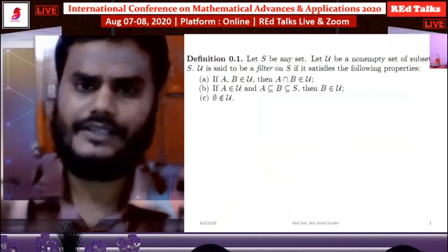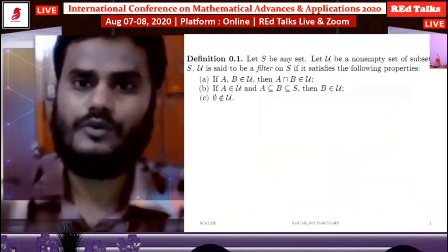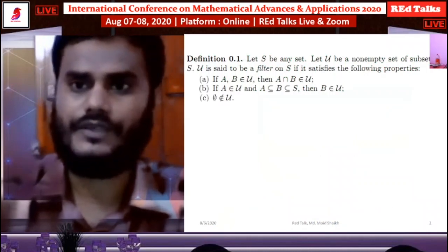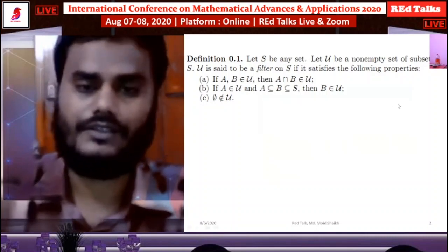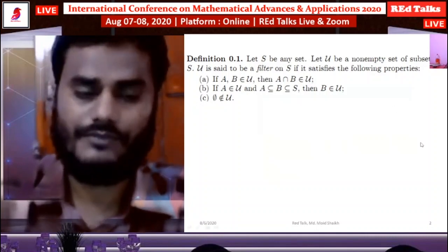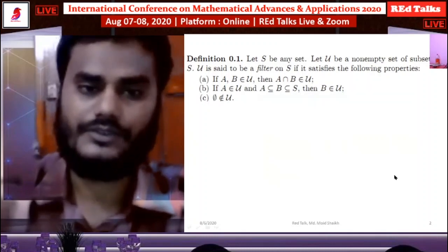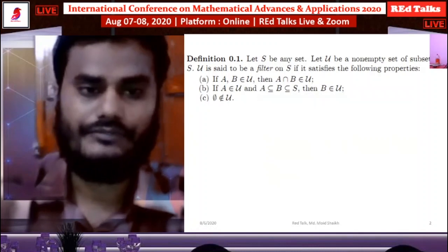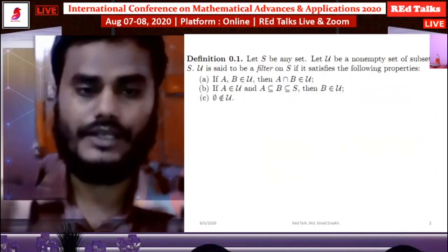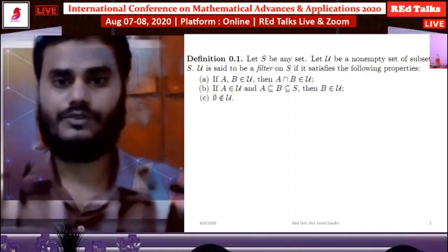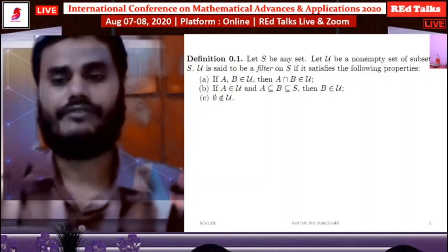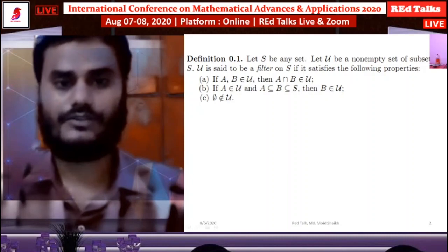Let S be any set and U be any non-empty subset of S. U is said to be a filter on S if it satisfies the following properties. If A, B belong to U, then A intersection B belongs to U. If A belongs to U and A is a subset of B is a subset of S, then B belongs to U, and phi does not belong to U.